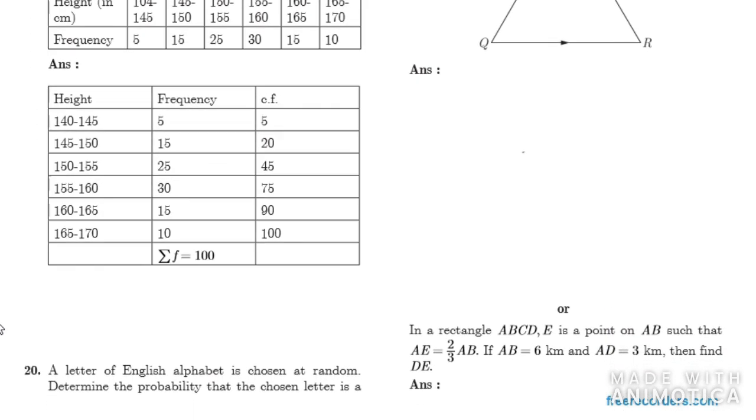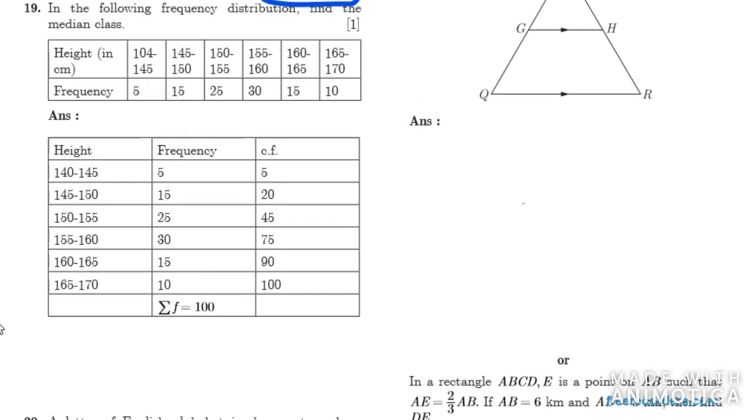Question number 19. In the following distribution, find the median class. So here we are given with height and frequency. I have drawn here height and frequency, then CF values. So as you know, n here is 100 and n/2 here is 50.